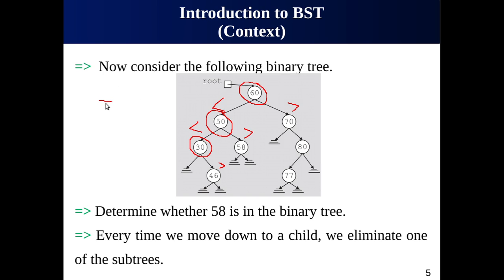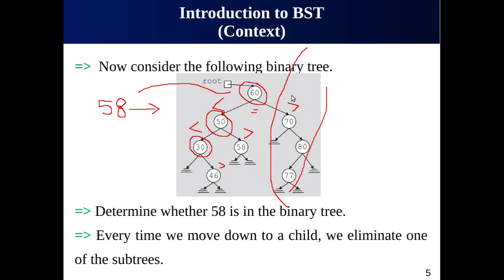Now, suppose you want to search for the same item 58 in this binary tree. As before, we must start our search at the root node. We compare 58 with 60. Because 58 is not equal to 60, and 58 is less than 60, it is guaranteed that 58 will not be on the right hand side.